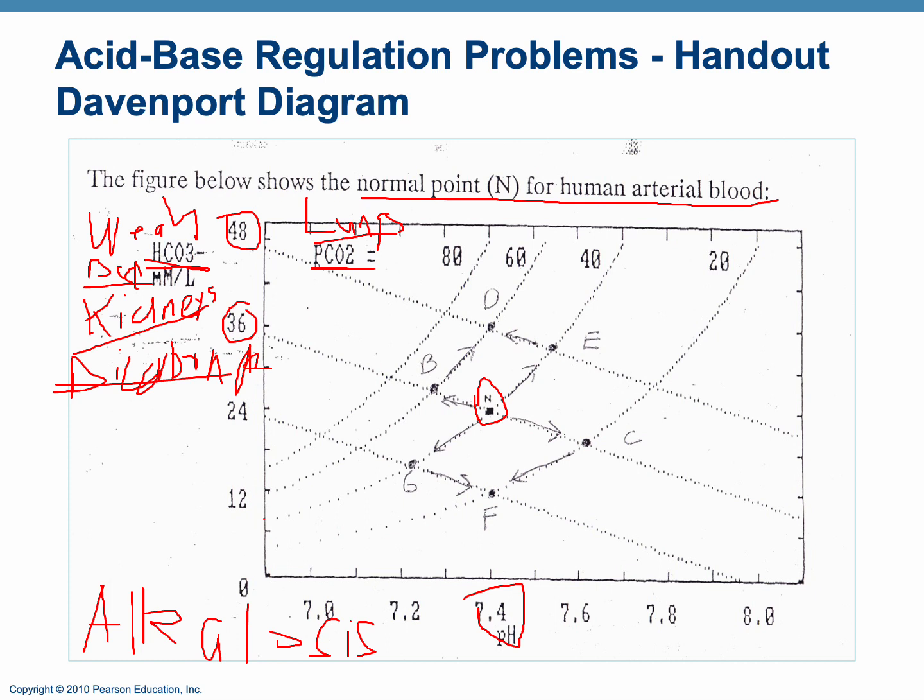So number 3, we're looking at the acid-base state, which is letter C. So now we're going to go this direction on the graph.